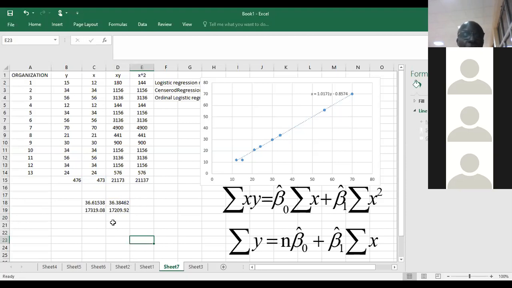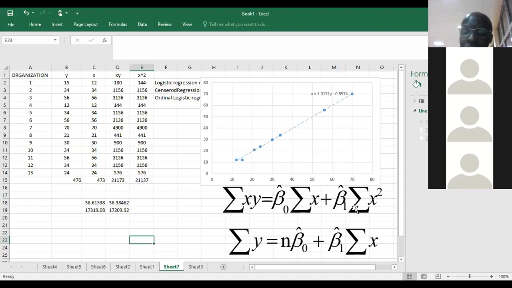So that's what you get. What's sigma xy? You should get 211.73 equals 17,319 minus 17,211 beta 1 plus 211.37 beta 1.